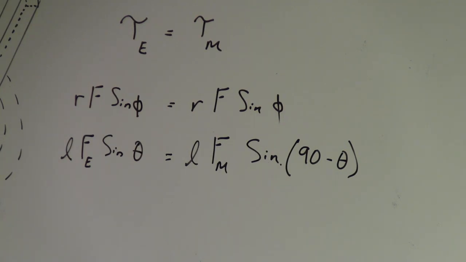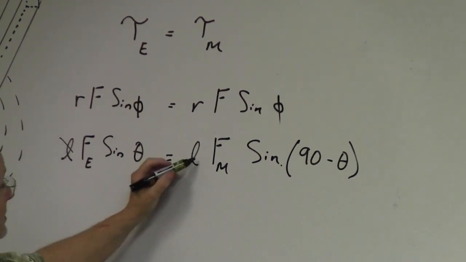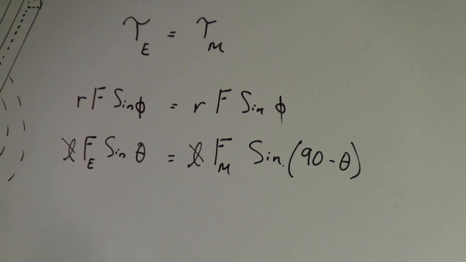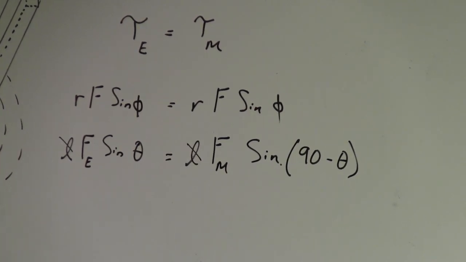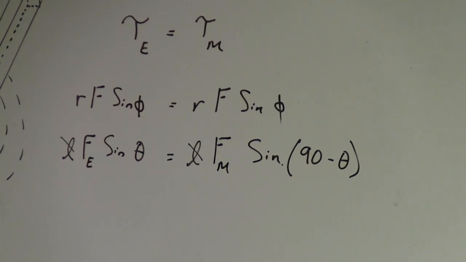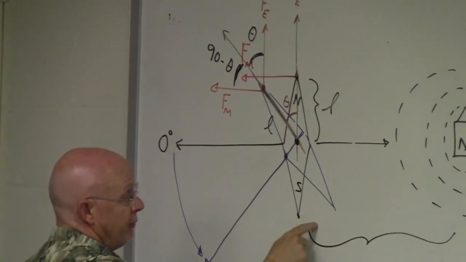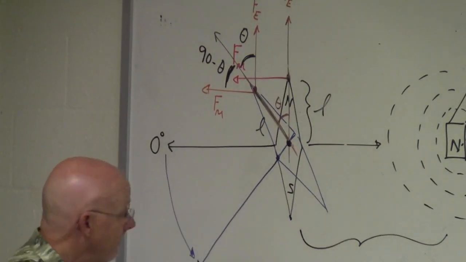Okay. Now, I can simplify this a little bit. The first thing I can do is to recognize that the L's are the same. Maybe while I'm thinking about it, I should point out that everything I just did for the North Pole is also true for the South Pole.